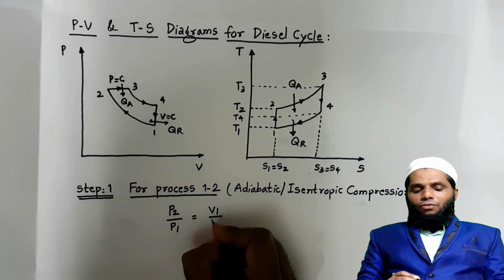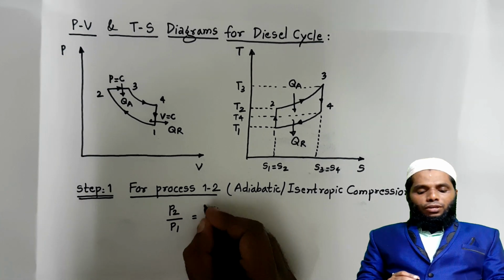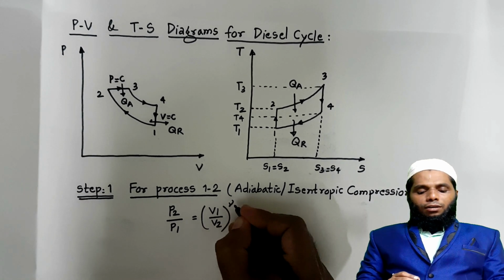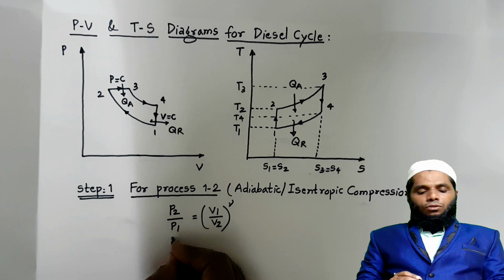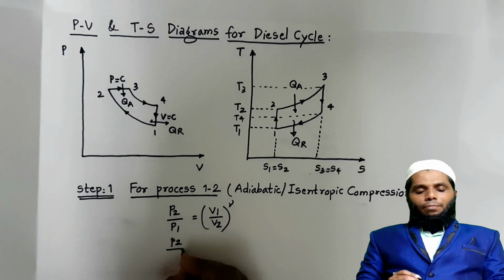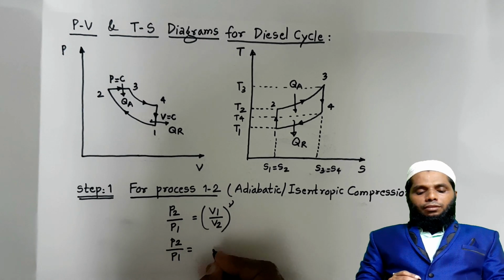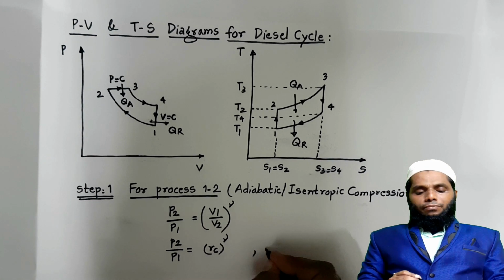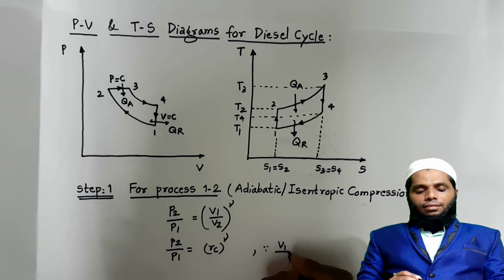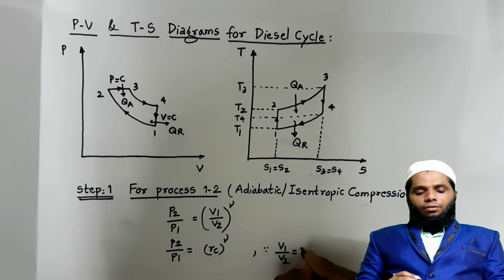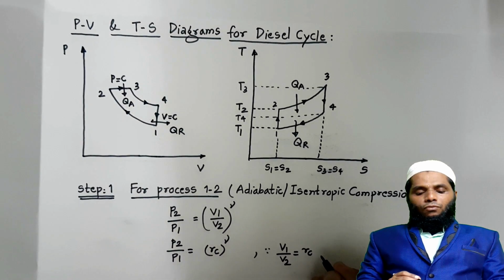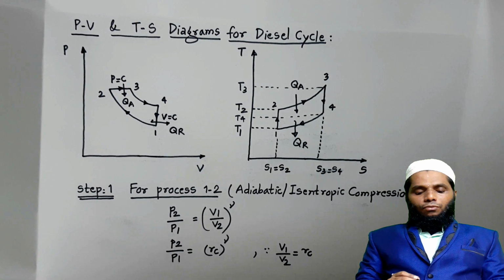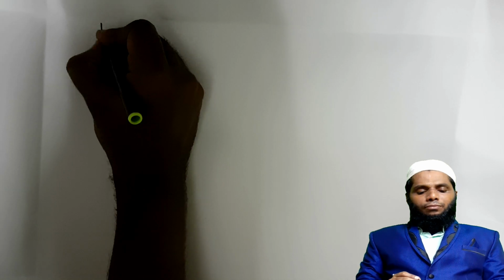So P2 by P1 is equal to V1 upon V2 raised to power gamma. But this can again be written as RC raised to power gamma, where this RC is equal to compression ratio, which is V1 upon V2. So we will substitute values of pressures.